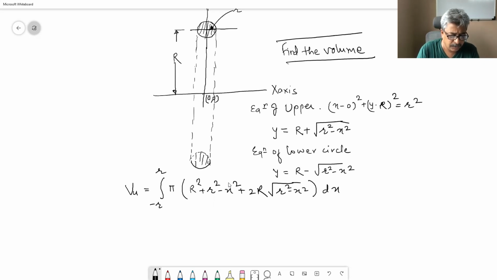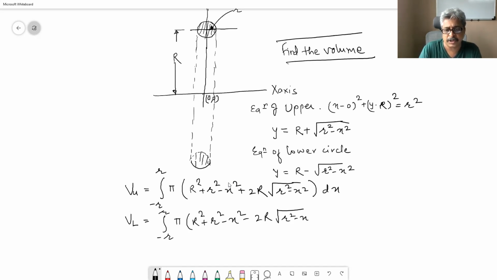Then volume of lower is going to be integral minus r to r pi into capital R square plus r square minus x square minus 2R radical r square minus x square dx.